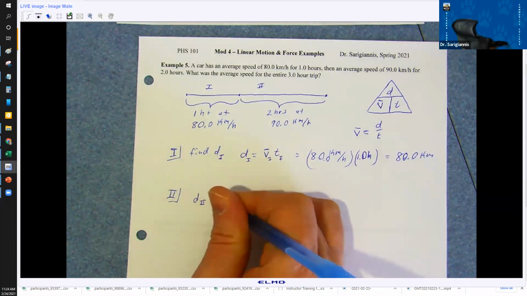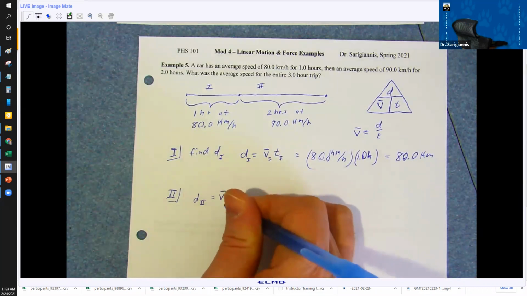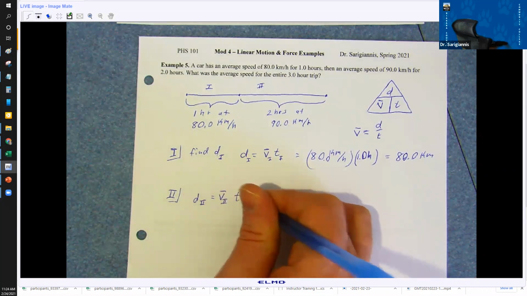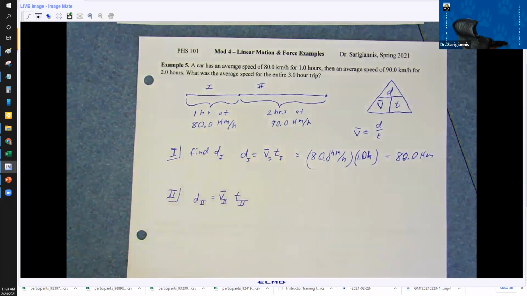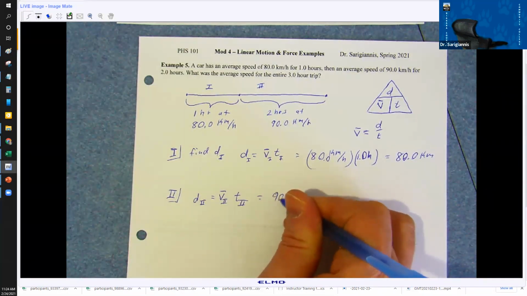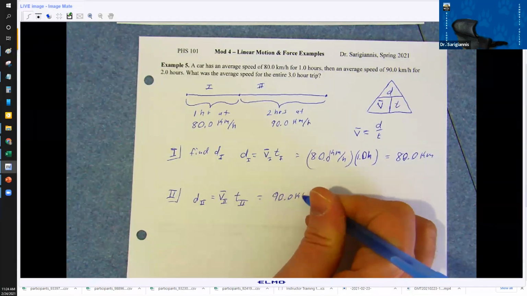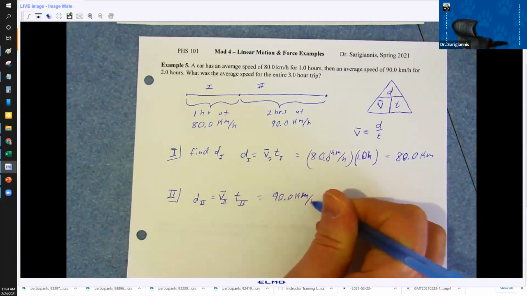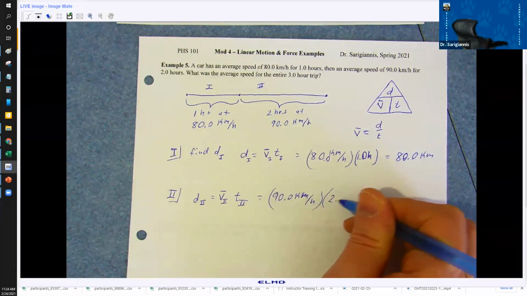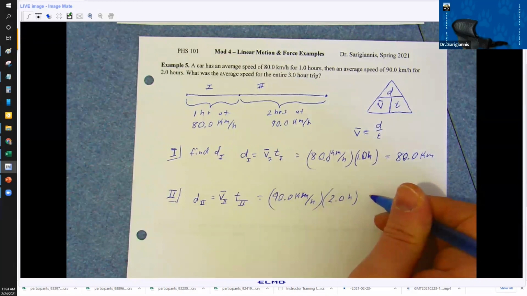we can write the similar equation. The second distance is equal to the average speed in the second portion of the trip times the time of the second portion of the trip, right? And that's just equal to 90.0 kilometers per hour times, we were going for 2.0 hours.